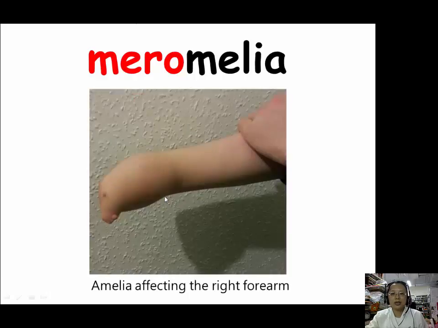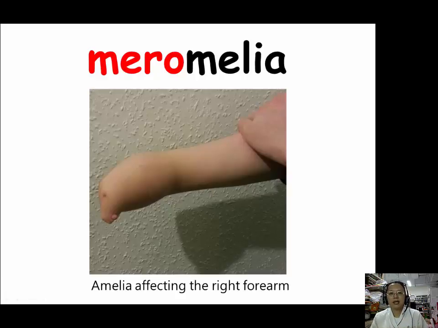In this picture, this baby is having amelia. The prefix a has negative meaning, so amelia, the suffix melia originated from the limb.